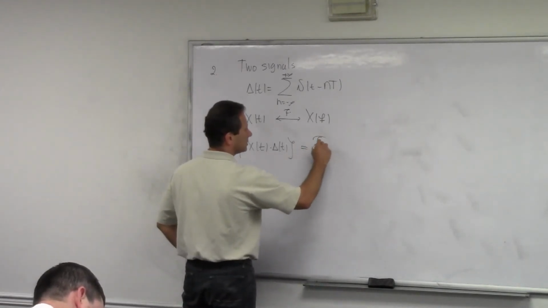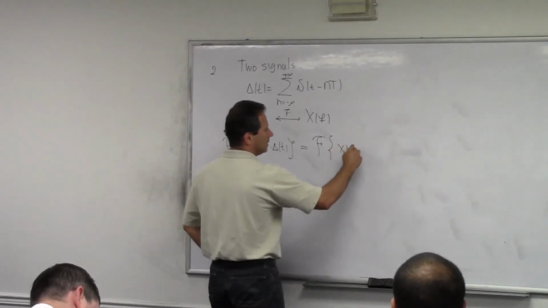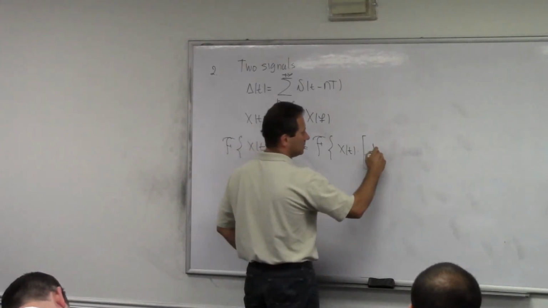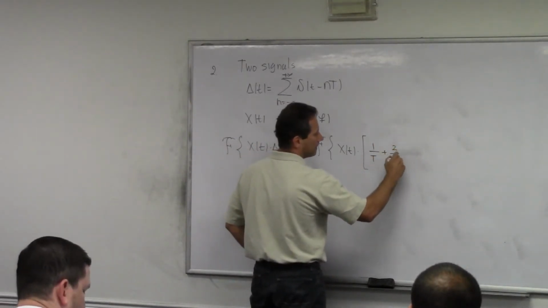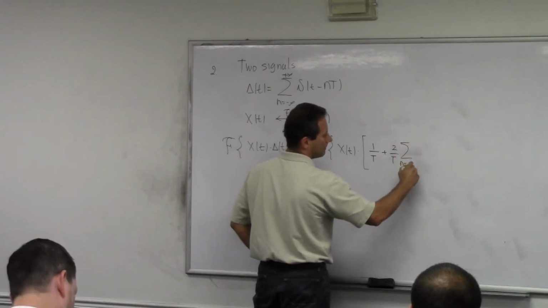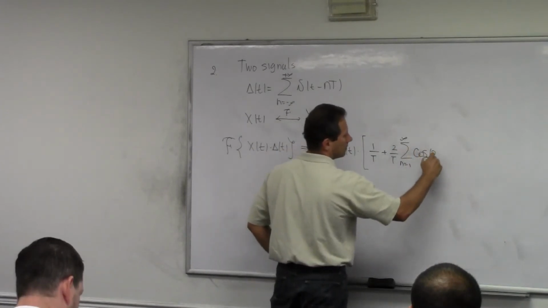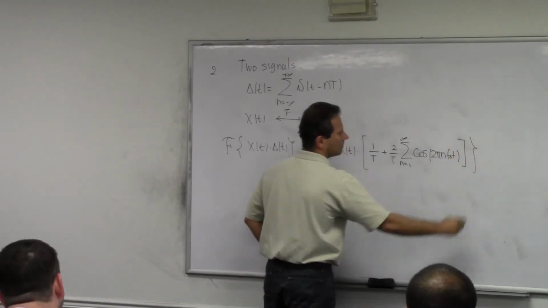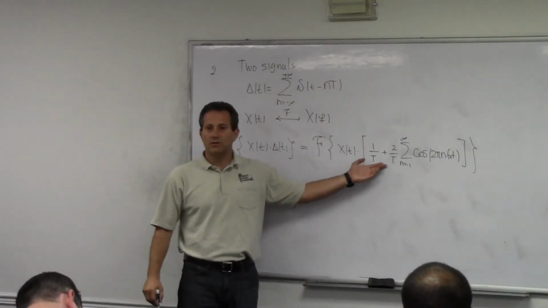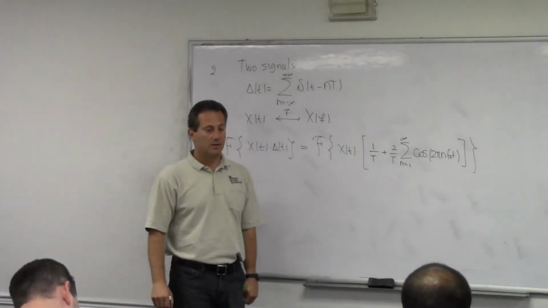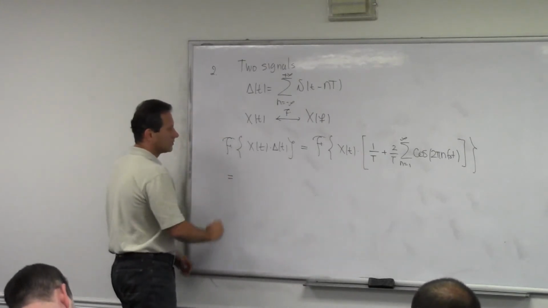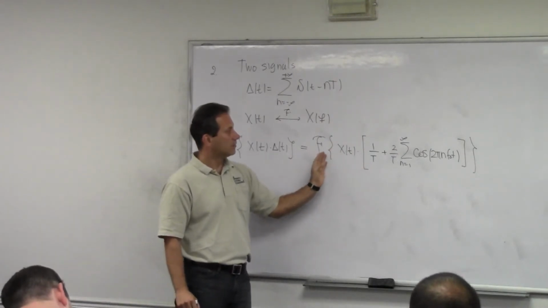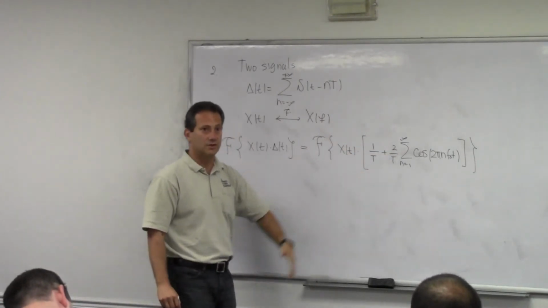I'm going to say this is a Fourier transform of x of t, and then, instead of this delta of t, I'm going to substitute its Fourier series. This is what we just derived, I'm using form 1. Now, the Fourier transform is a linear transform, so I can say the Fourier transform of the sum is the sum of the Fourier transforms.